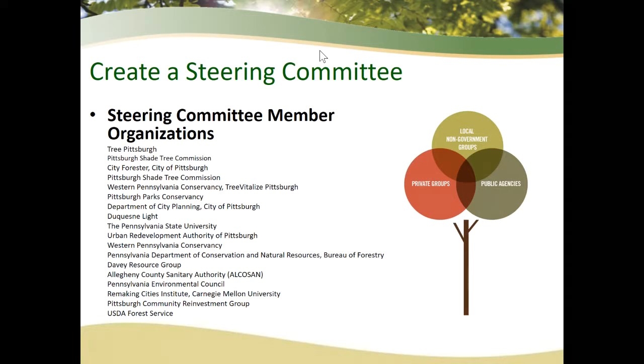Word of warning: when you have a steering committee or an advisory council, they're probably going to be involved more at the front end and then again at the end. In the meat of the process, their role isn't that critical.